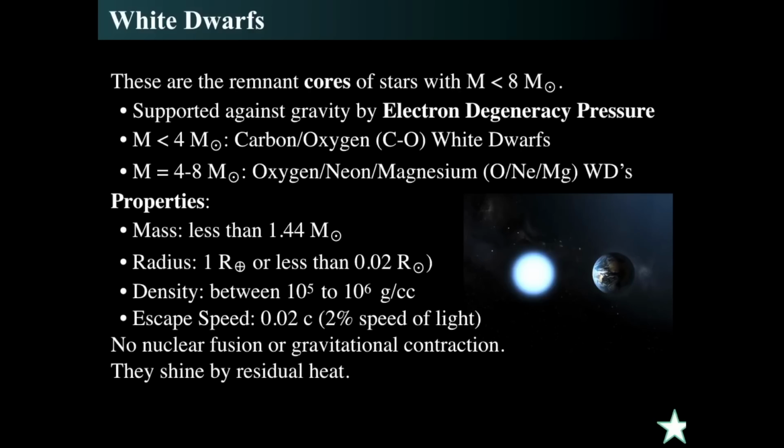Here's the funny thing. All this stuff we were talking about, there's no nuclear fusion anymore. This is the end state of a star. All the nuclear fusion is done. They're not gravitationally contracting either. So there's just residual heat. And where's that residual heat?